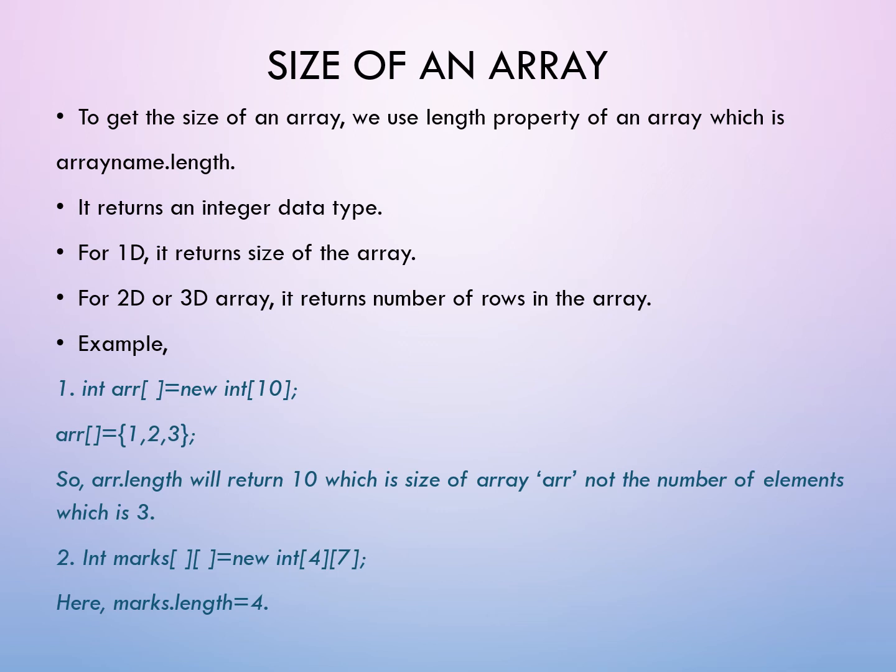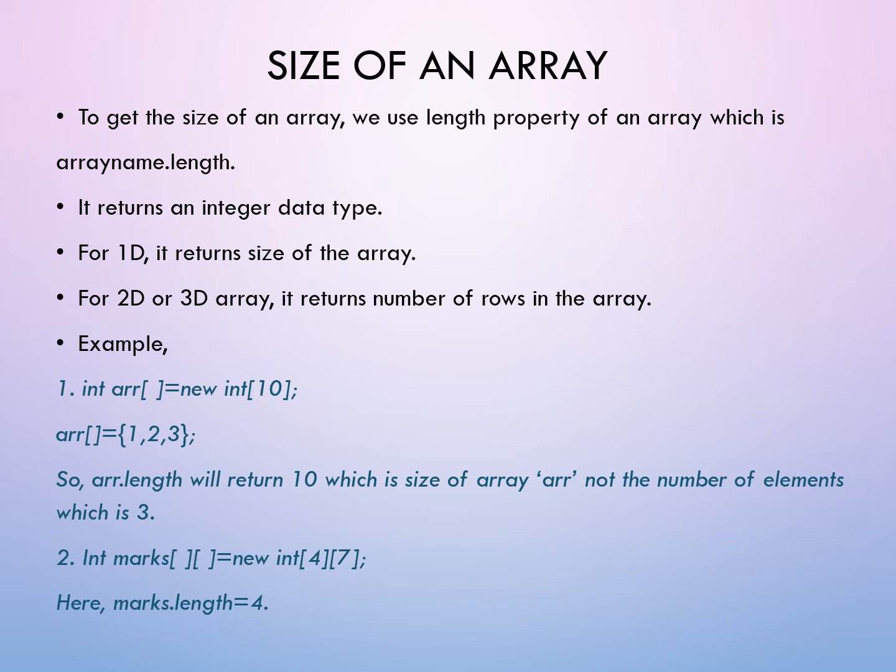For example, int array and then a pair of square brackets equals to new int 10, and array will have value 1 comma 2 comma 3. So array dot length will return 10, which is size of array, but not 3, which is number of elements of the array.